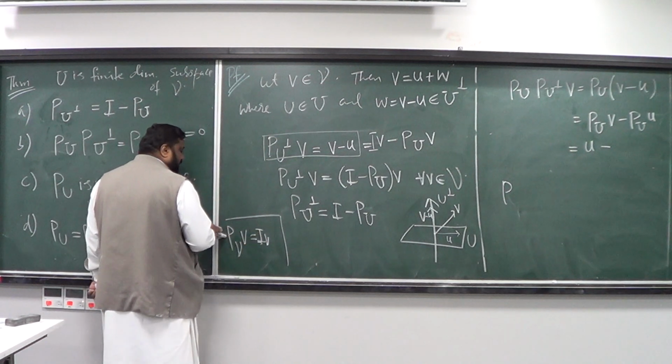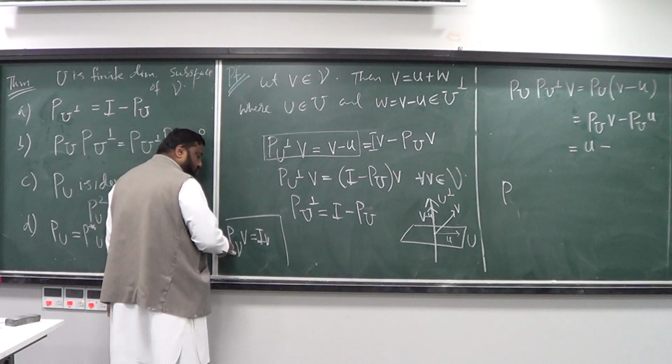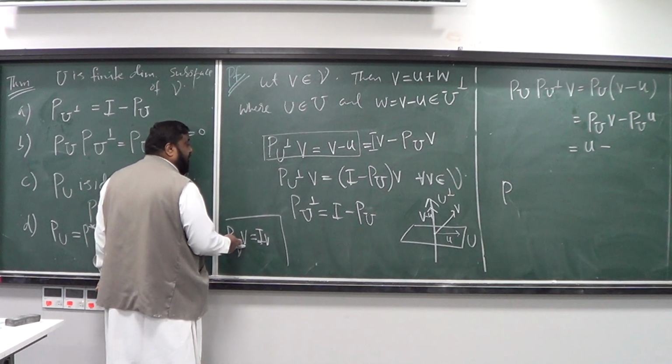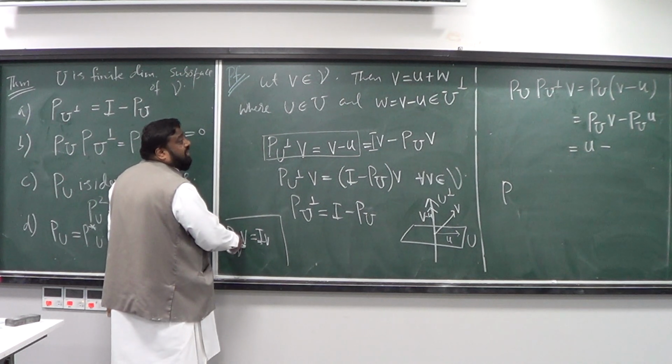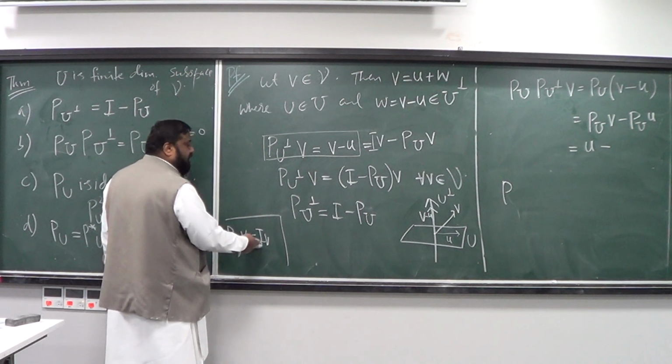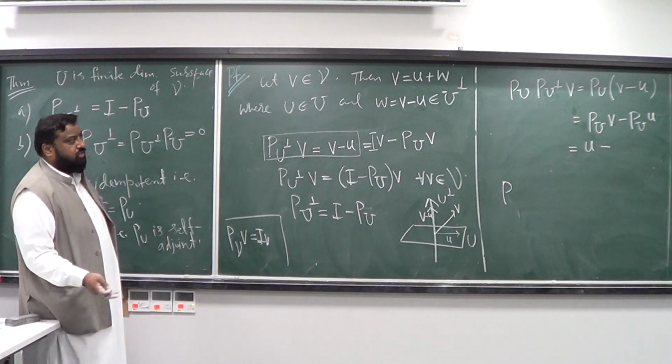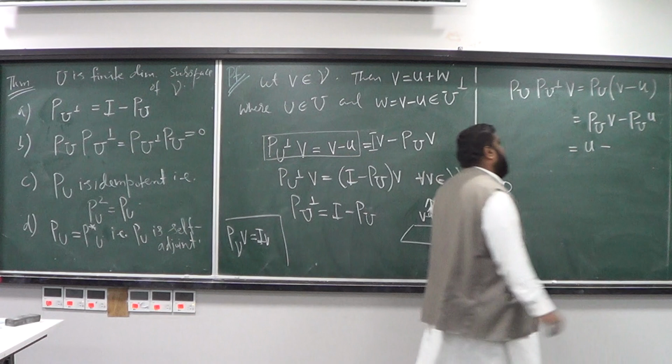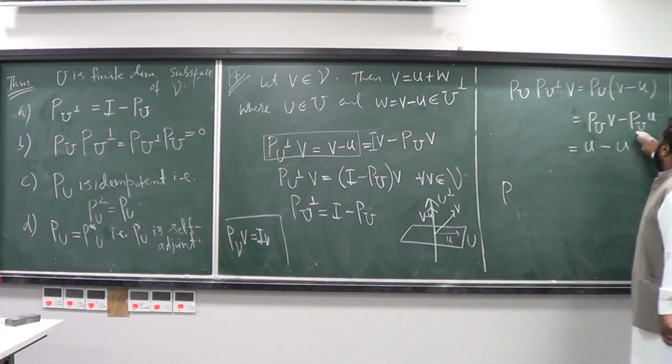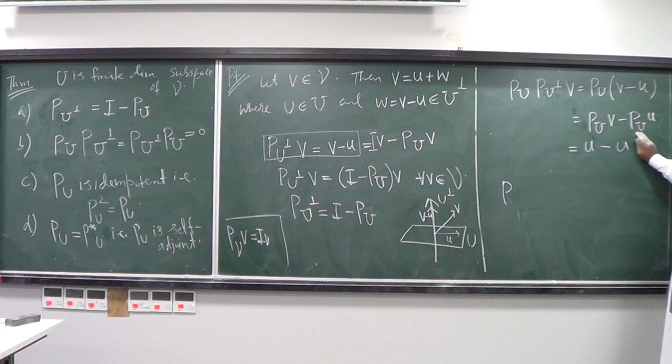So if you take the orthogonal projection onto the space U and operate it onto a vector which is an element of U, then this would be equal to the identity operated onto u actually. So this is really u, because the orthogonal projection onto the subspace U operated onto a vector from this space behaves like an identity operator.